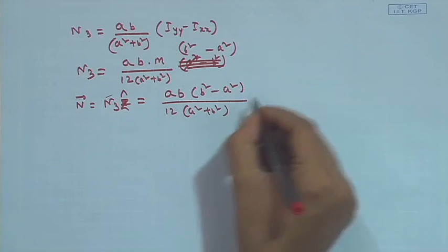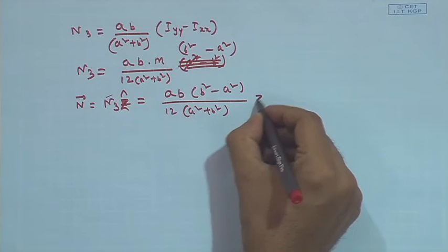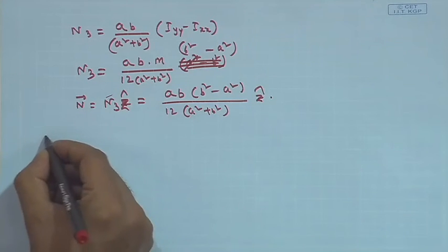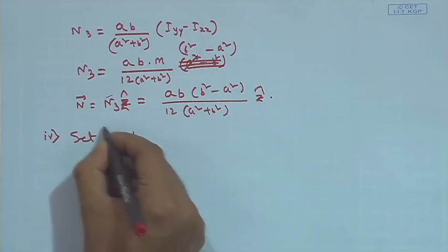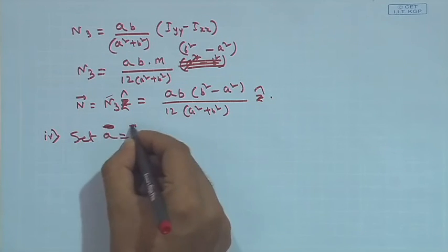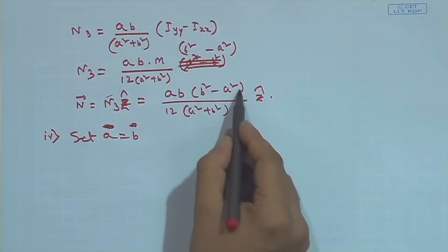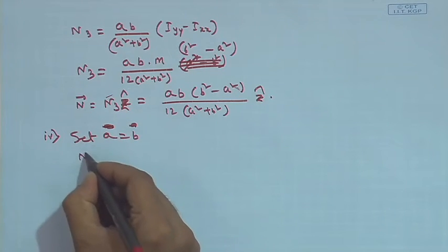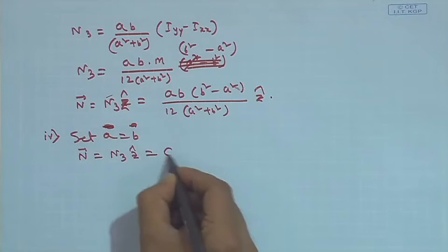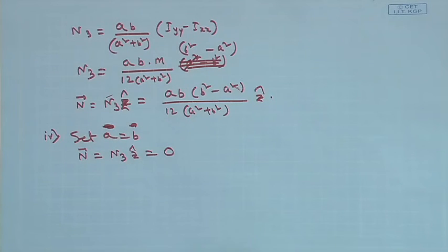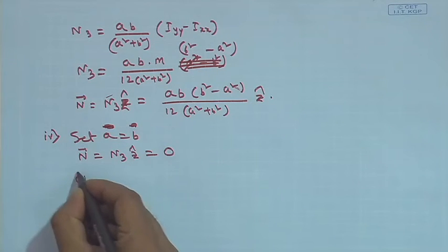v square, and this is z cap. Now, fourth part, we set A equal to B. Put A equal to B here, you get n equal to n3 z cap, which will be equal to 0. Now, what happens to L and omega? Let us examine omega.